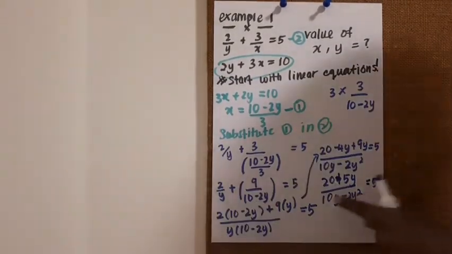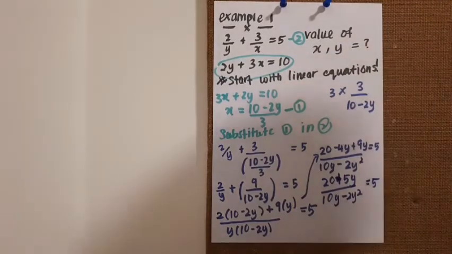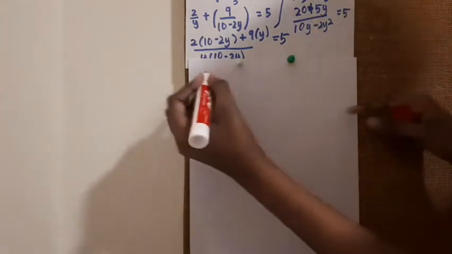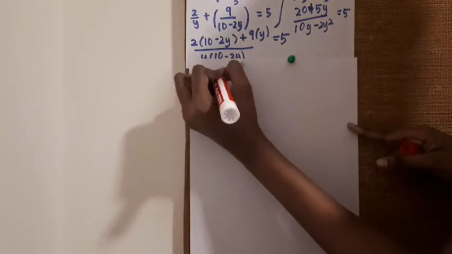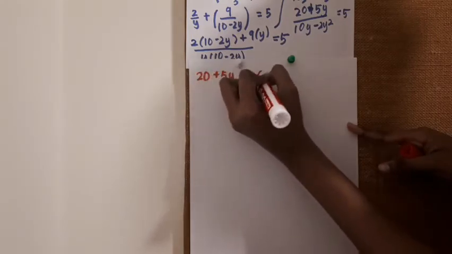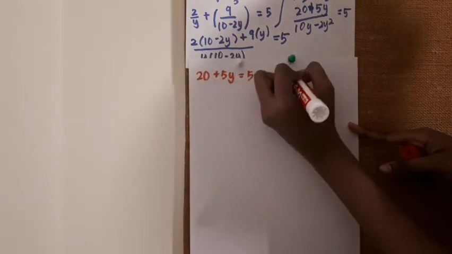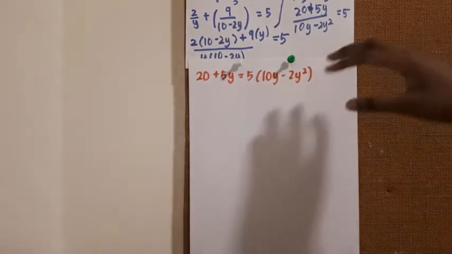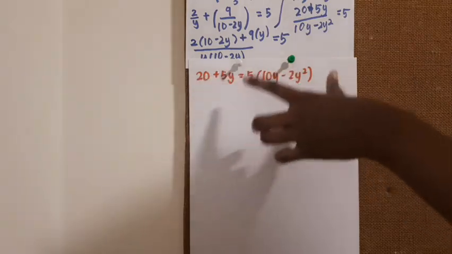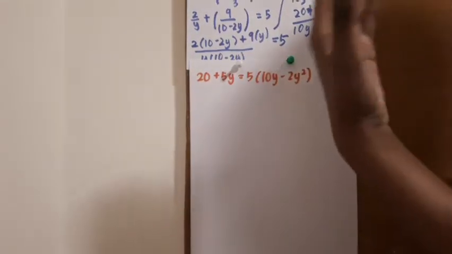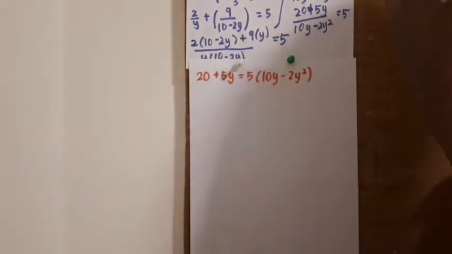And you can always bring this one here to make it linear. So when you bring this part over here, you're going to get 20 plus 5y equals 5 times 10y minus 2y squared. Again, if you don't understand why this equation is such, it's because whenever you're bringing a division from your left hand side to the right hand side, you have to make it a times.